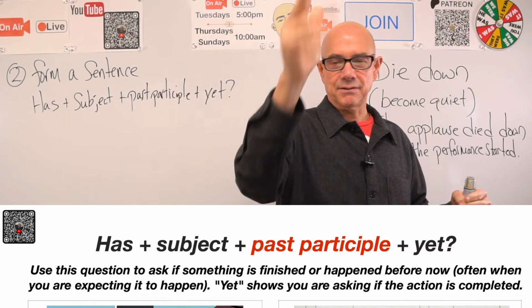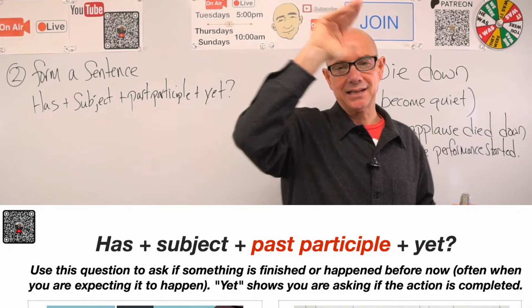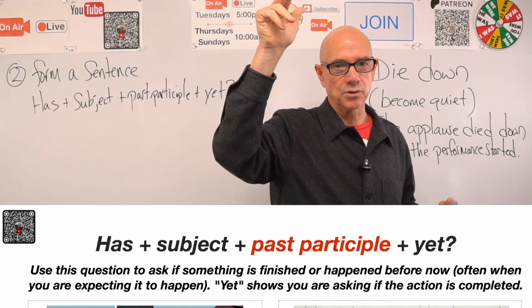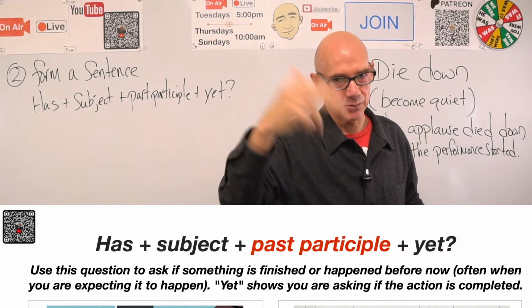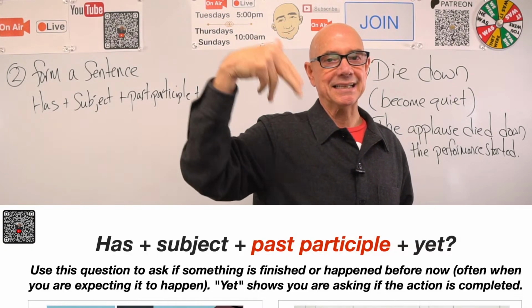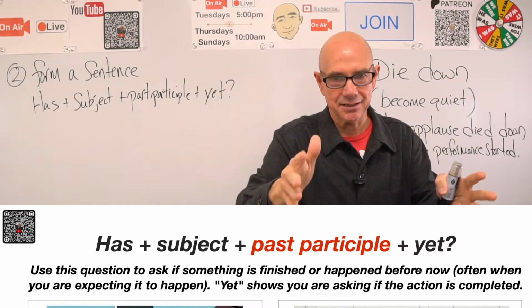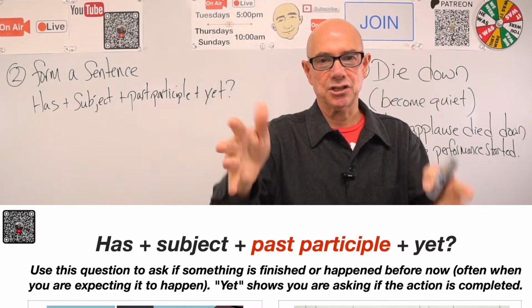So, we're using has, that's the third person. So, has he arrived to work yet, right? We expect that person to be at work, but we're asking if he has arrived yet. Is he here? We expect him to be here, but we're making sure.